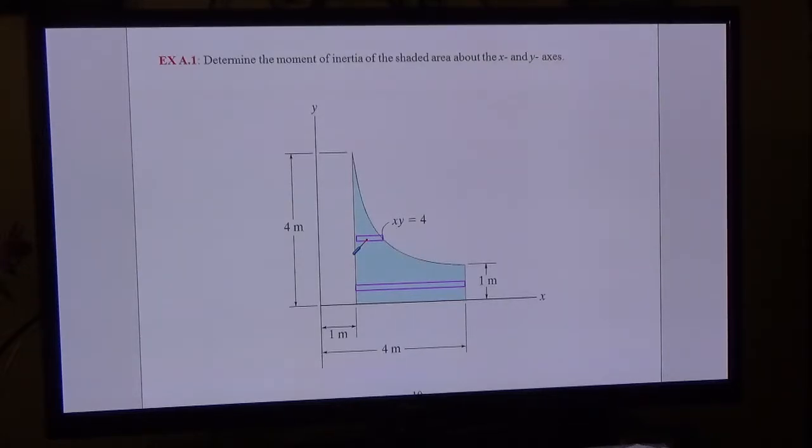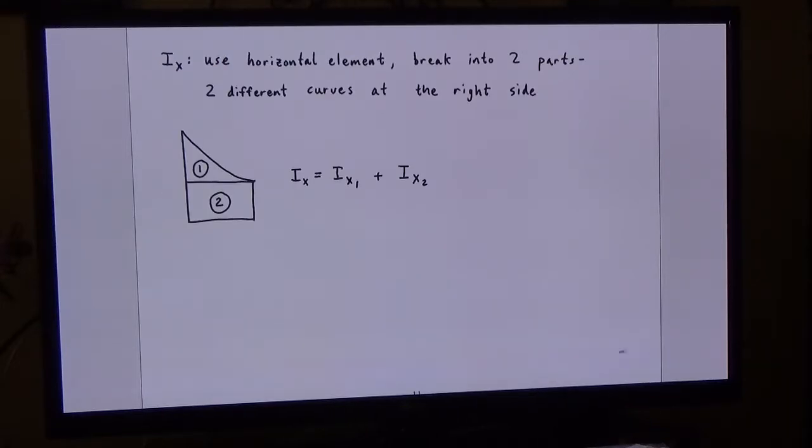So you might be wondering, how do I find the total moment of inertia in that case? So here's what we're doing. I'm breaking Ix into two parts because we have two different curves at the right side. We're not going to show it yet, but we will in a second, that if I want to find the moment of inertia of the body about x, I can take the moment of inertia of part 1 and add it to the moment of inertia for part 2.